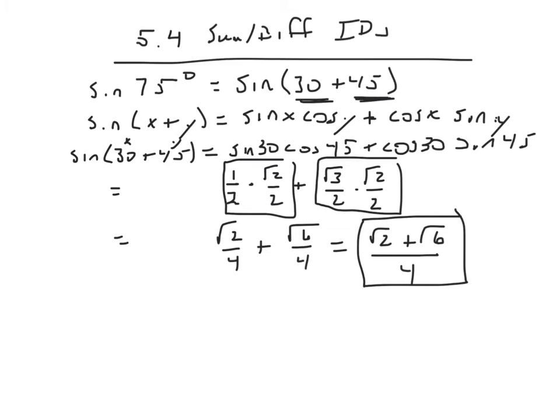Let's try another one. Now this one, I'm going to make it harder because I'm going to give it to you in radians. If I ask you for the cosine of pi over 12, you've got to find two angles that add or subtract to pi over 12 on your trig table. Now, you probably don't know that off the top of your head like we did with 75 degrees.